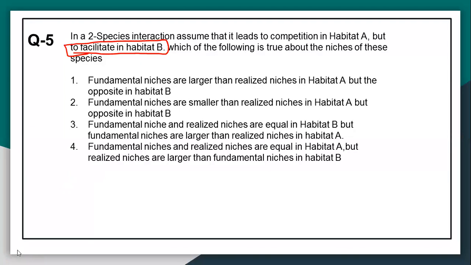Now we are introducing a definition if we view it in the presence of a facilitator species. The question says facilitator species.